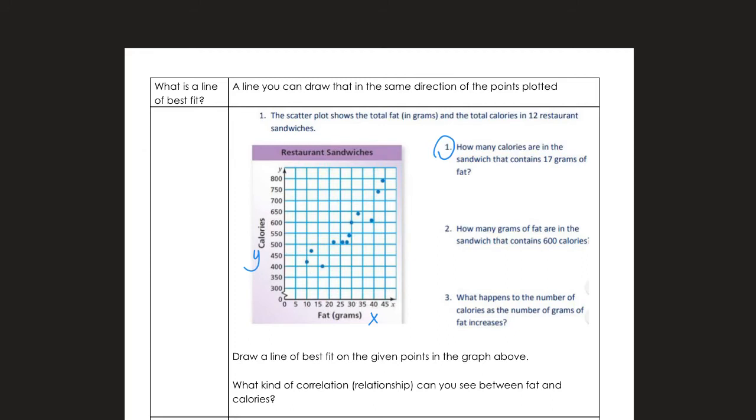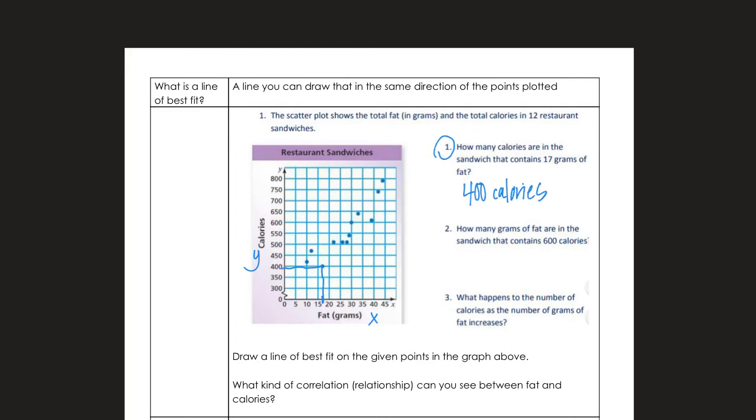So we look for our sandwich that has 17 grams of fat, and it looks like 17 would be right about here. So when I go up, I notice that my calories are at 400. So we've got a point right there, so we can write exactly the amount. So 400 calories.